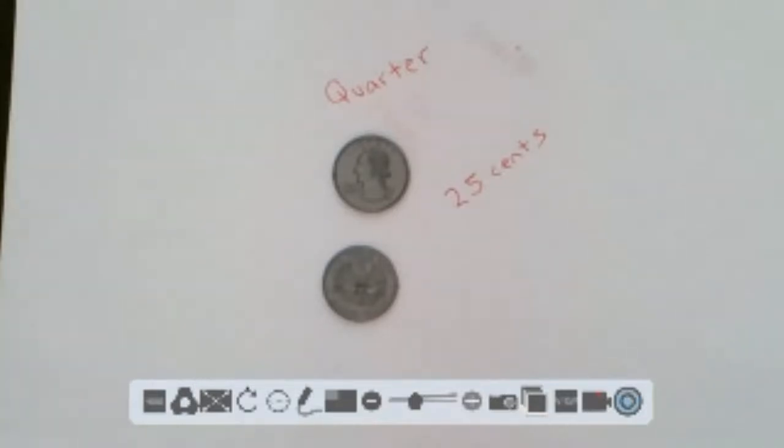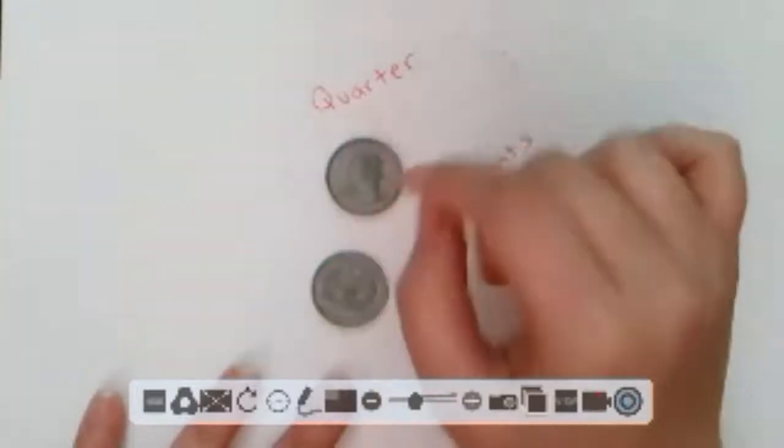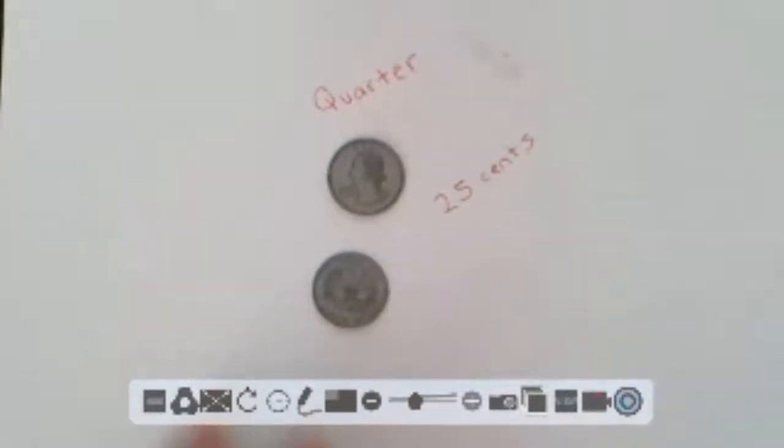You twist your handle and it spits out your toy, whether it's a bouncy ball, the little rings, whatever it is. But quarters are probably what get us the most by themselves. We could go and get some candy for a couple quarters. The other coins are a little bit harder to buy something with, just a couple pennies.